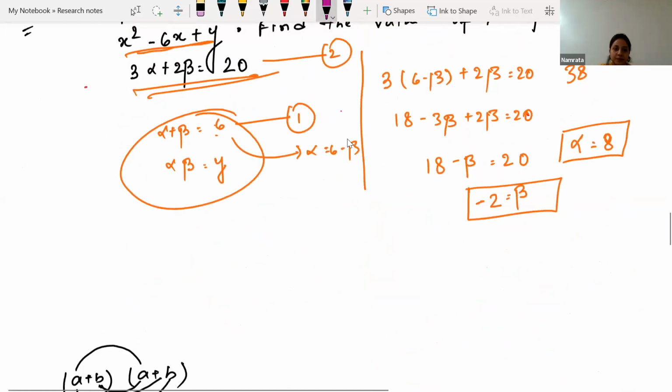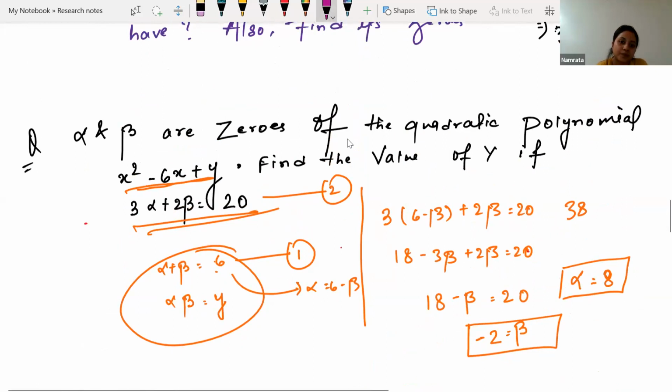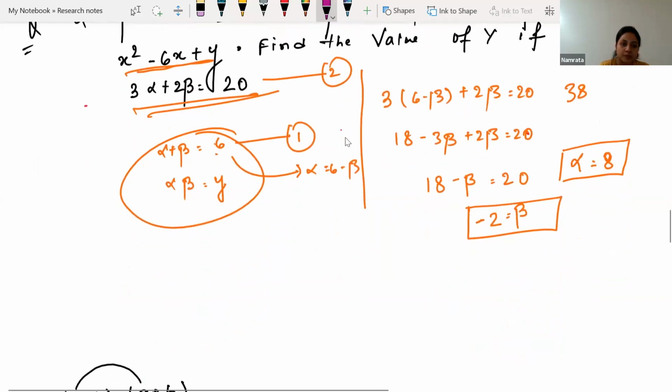So, ma'am, first I have taken the equation 3 alpha plus 2 beta equals 20. Then I have done the square of alpha plus beta, that will be alpha plus beta whole square plus 2 alpha beta. Then I have calculated the values of a, b, and c. Then we know that alpha plus beta is minus b upon a, plus 2 c upon a. You have taken this equation, right, Harshit?